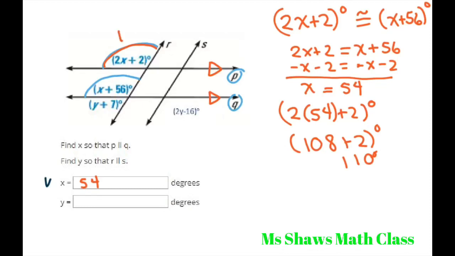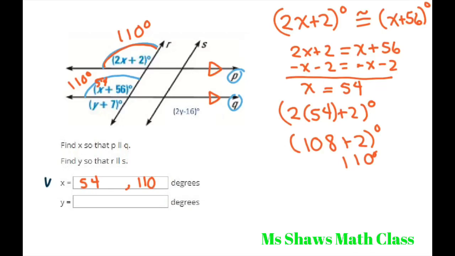So this is 110 degrees. And you can also check with this angle. If you plug in 54 in there, you'll also get 110 degrees. So that means P and Q are parallel if these two angles are 110 degrees.